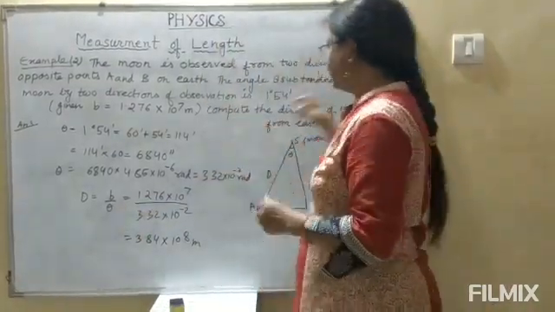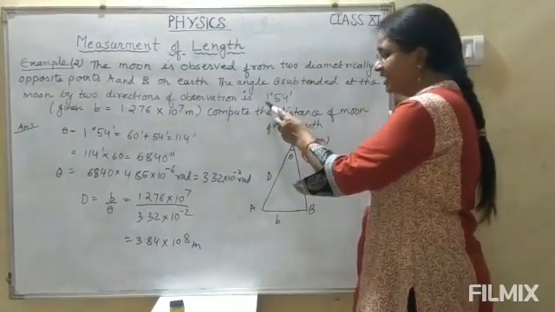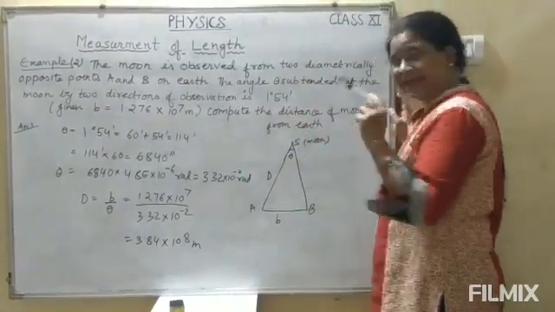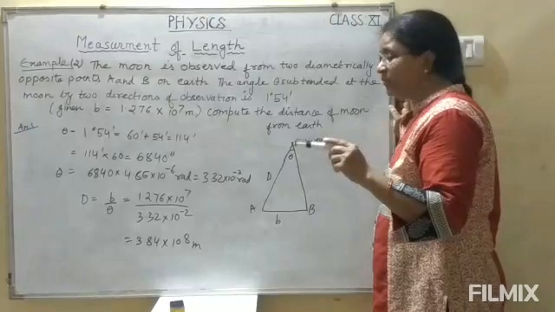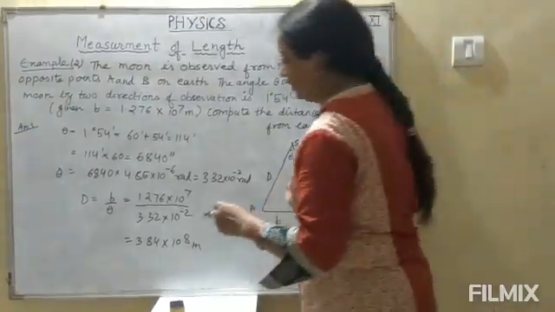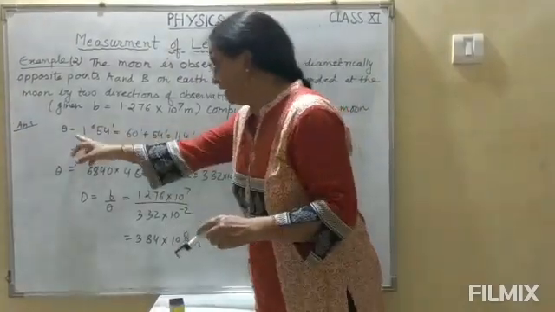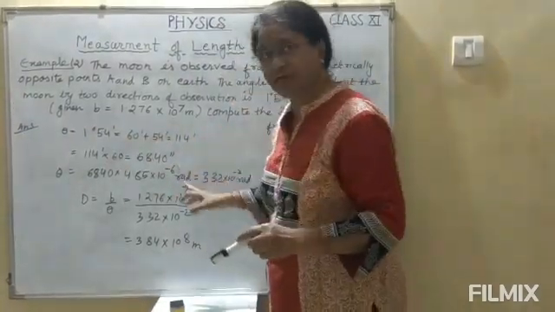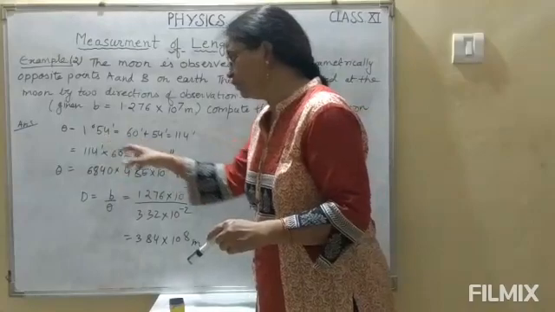See here, theta is the angle, it is given in degree and minute, and as you know, the fundamental unit of angle is radian. So first of all we will convert degree into radian.